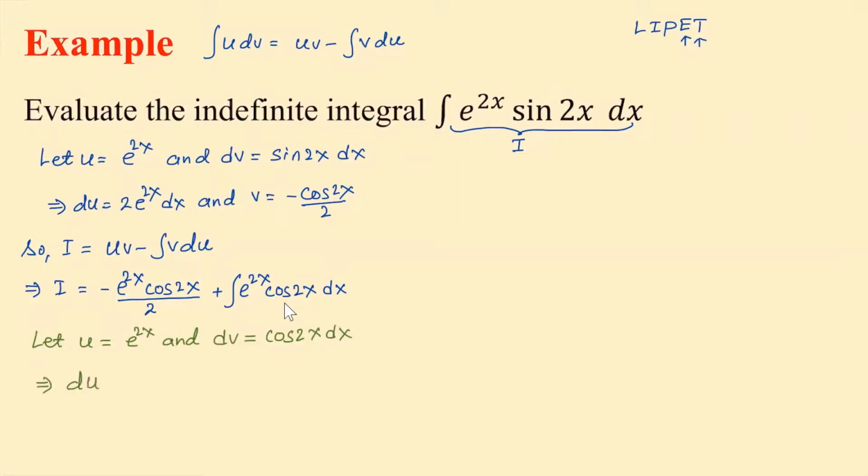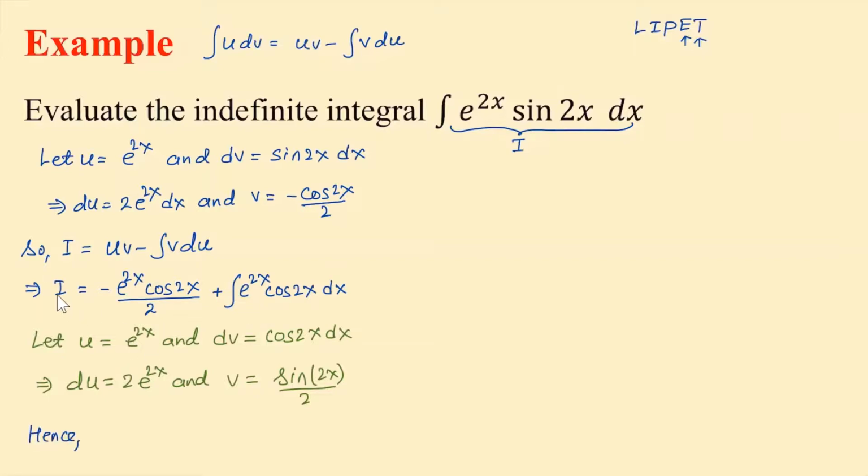So du equal to 2e to the 2x. And we are integrating the second. Integration of cosine 2x will be sine 2x over 2. So now we are going to use integration by parts formula for the second integral. So we can write like this.